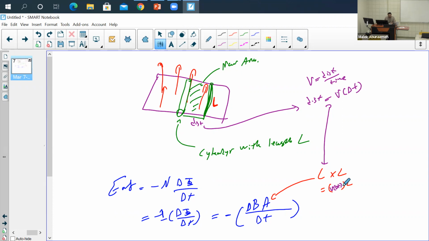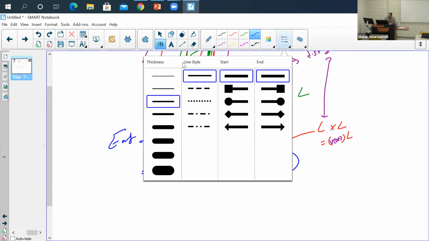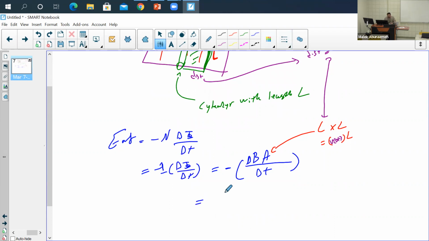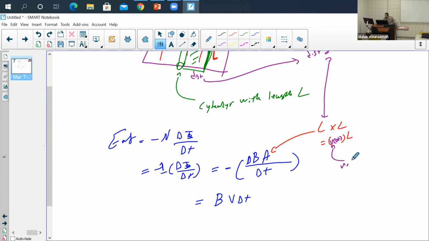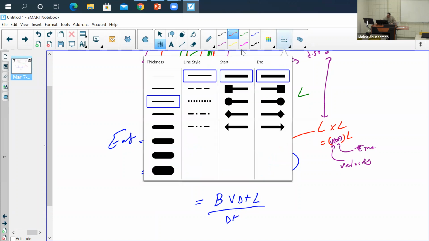So what we would end up having for your electromagnetic force is your magnetic field multiplied by your velocity multiplied by that length, divided by delta t.